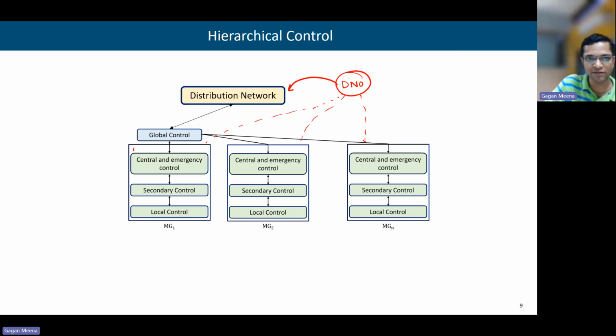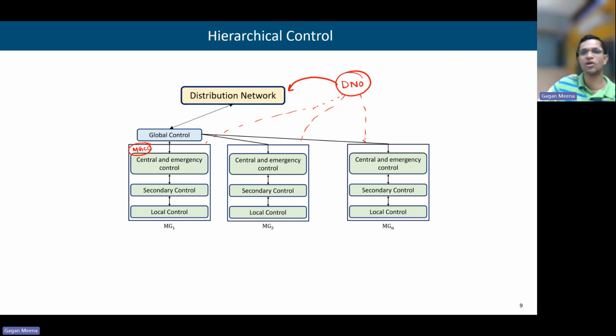In each of the microgrids there is a microgrid controller, and this microgrid controller is the interface between the microgrid and the DNO, the distribution network operator.